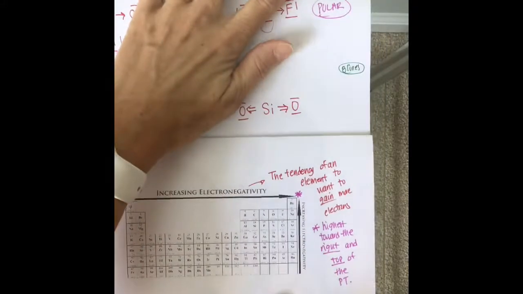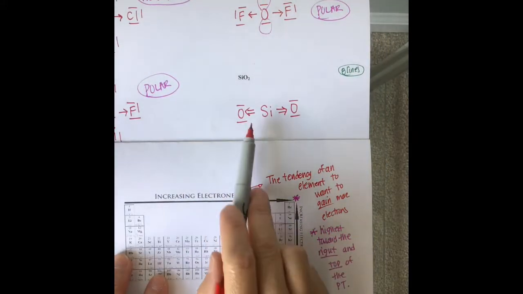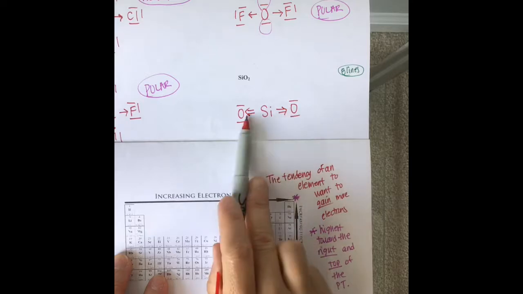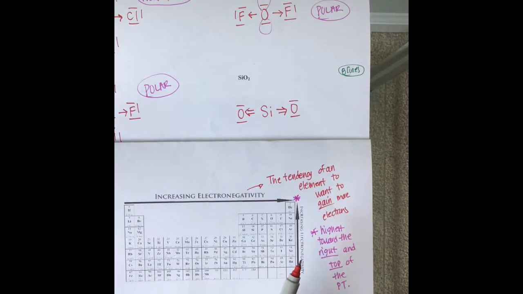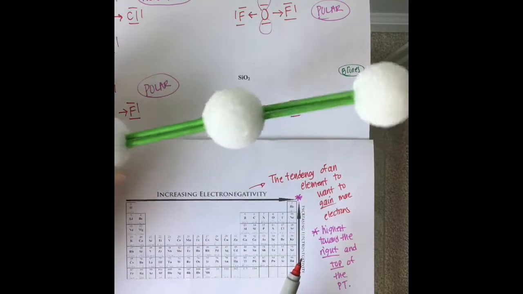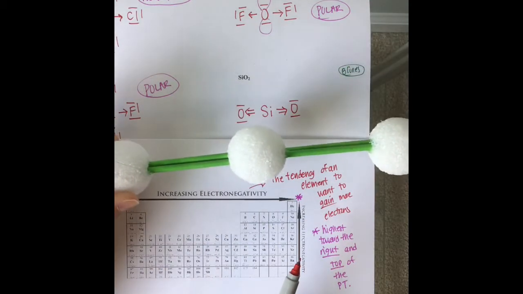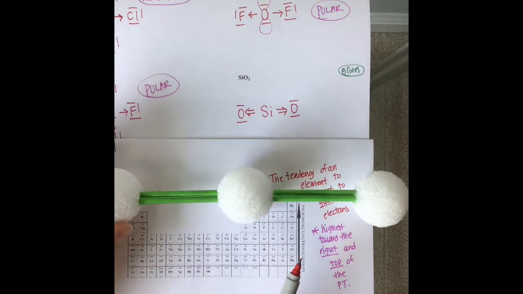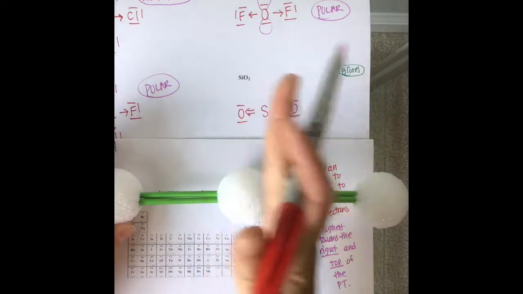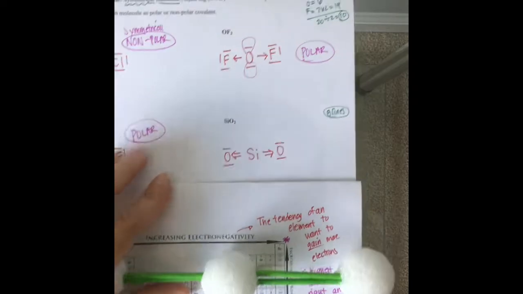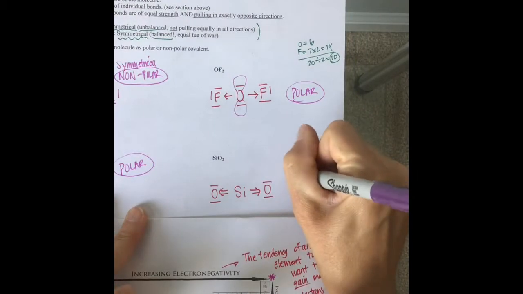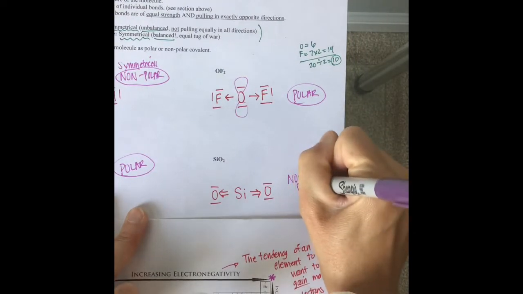I do think it helps to think about the shape. What shape is this going to be? It doesn't have any lone pairs on the center atom, so it's going to be linear. And when you think about a linear shape, it is very symmetrical. Both halves are the same. So this would be an example of a non-polar molecule.